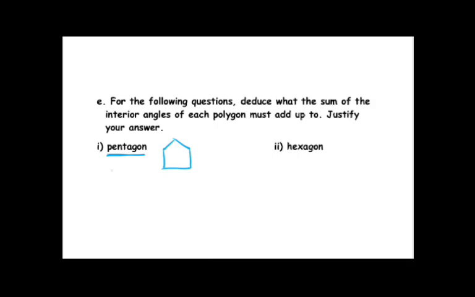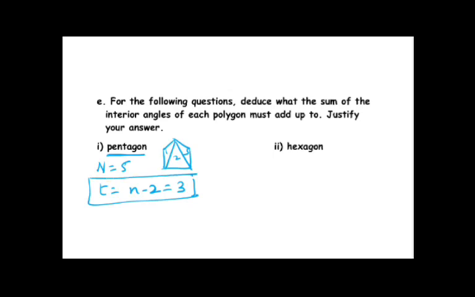So, number of sides is equal to 5. How many triangles will I get? 1, 2, 3, by simply having triangles is equal to n minus 2. So number of triangles I get is 3. This is what we saw in our previous sum.